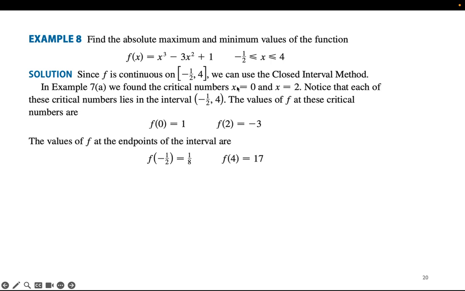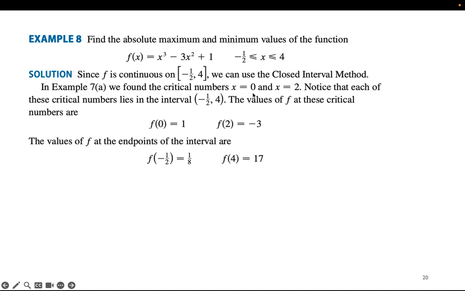So these are critical numbers, 0 and 2. That's where f prime is 0. But notice that because this is a polynomial, we don't have f prime being undefined. So those are the critical numbers. And also there are the endpoints, negative a half and also 4. So between the critical numbers and the endpoints, we are guaranteed to find the absolute maximum and absolute minimum.